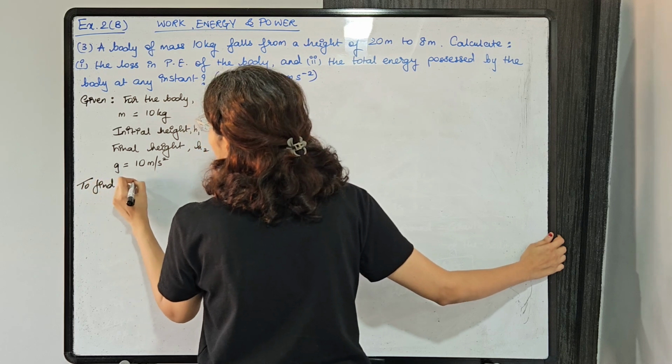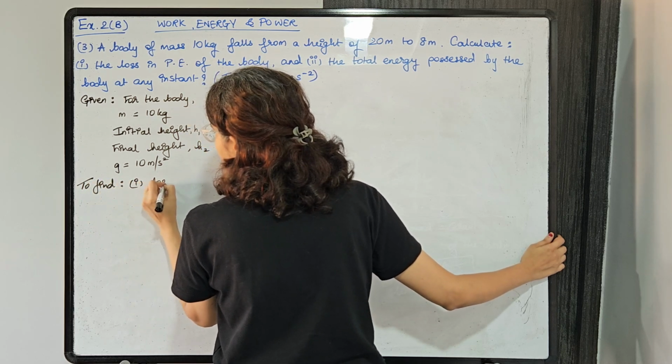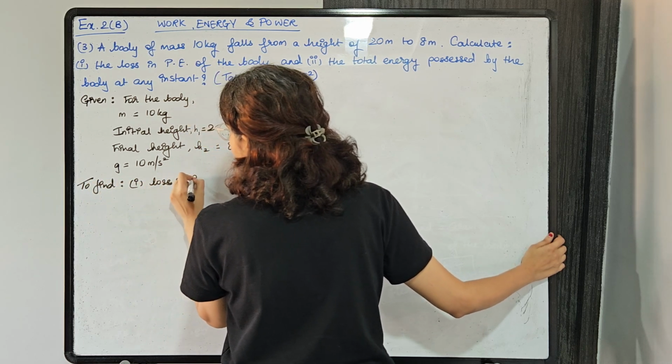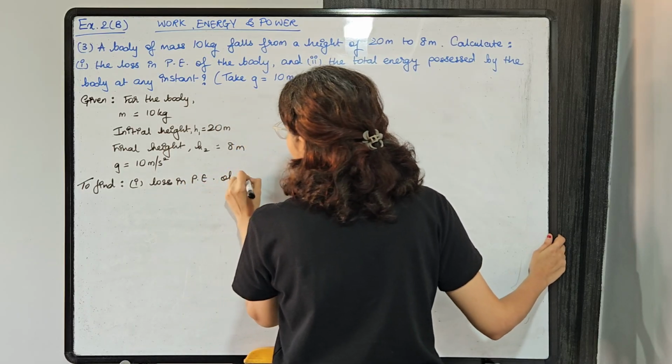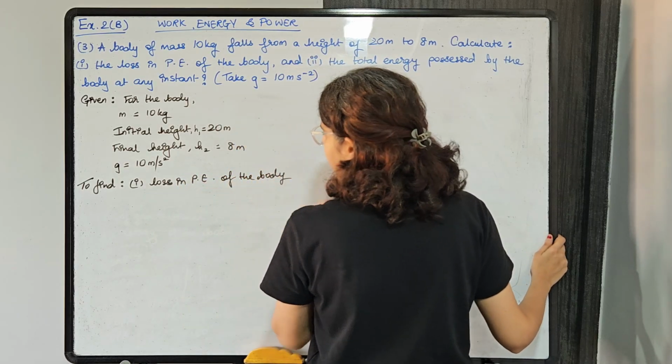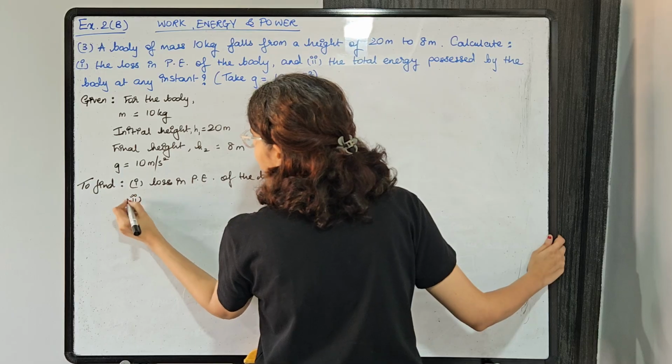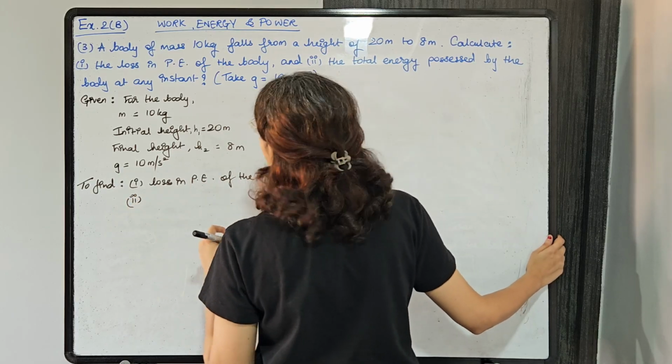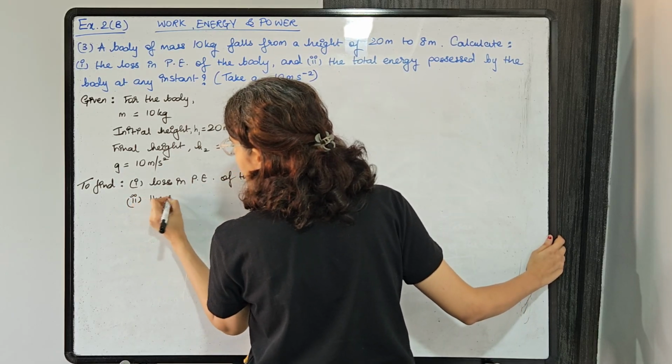we need to find the loss in potential energy of the body, and second part, we need to find the total energy possessed by the body at any instant.